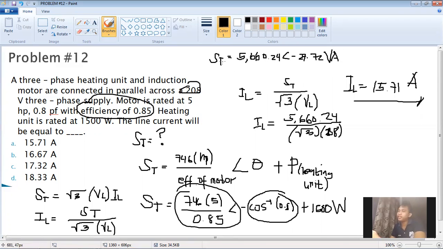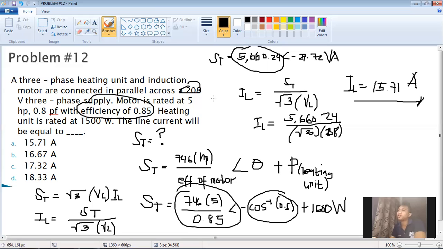Since we have the apparent power, we can now get the line current. IL is equal to ST, the apparent power, all over square root of 3 times the line voltage. So IL is equal to 5,660.24 all over square root of 3 times 208 volts.